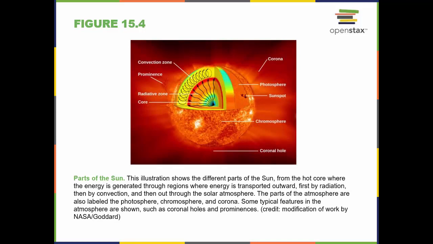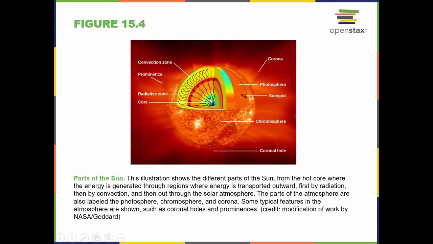The parts of the atmosphere are labeled: the photosphere, the chromosphere, and the corona. Some typical features in the atmosphere are shown, such as coronal holes and prominences, which we'll discuss in a little bit.